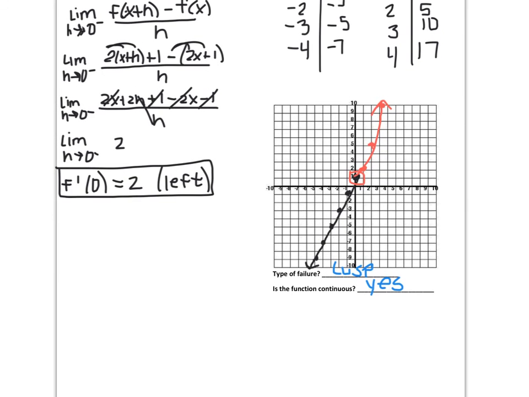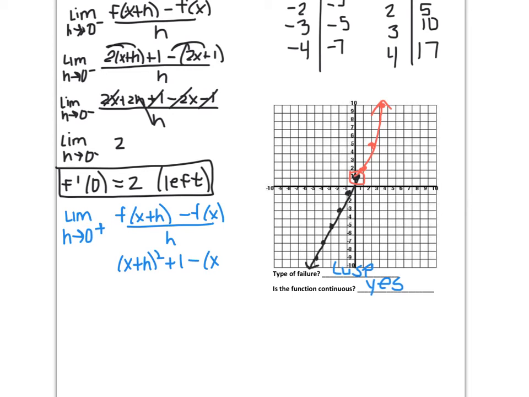So I'll use a different color here. And we'll say the limit as h approaches 0 from the right, and I'm going to write the formula again, f of x plus h minus f of x all over h. So x plus h squared plus 1 minus x squared plus 1 all over h.